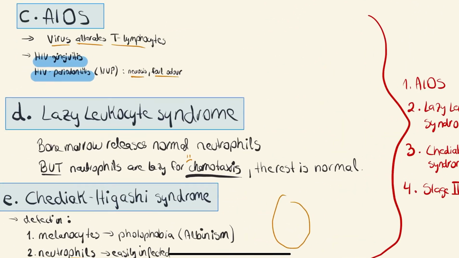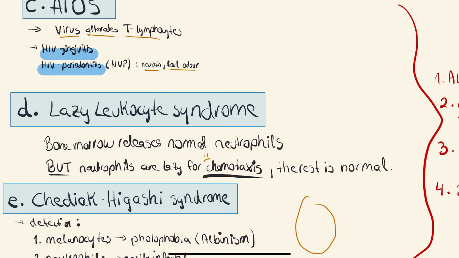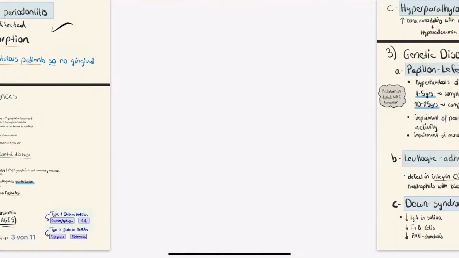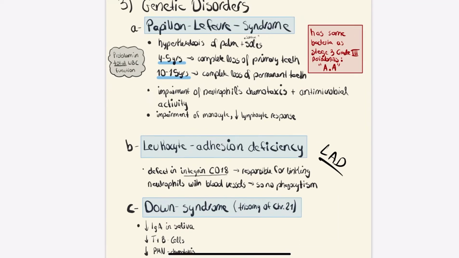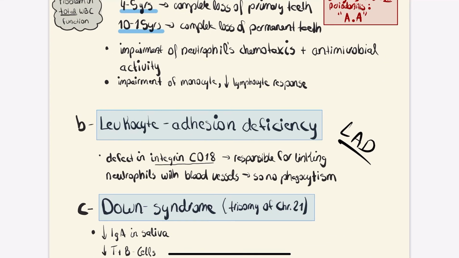The lazy leukocyte syndrome is lazy to do its function, chemotaxis, but the rest of its function is normal. In leukocyte adhesion deficiency, the function of the neutrophil is normal, everything is normal, but we have a defect in the integrin CD18. So we have a linking problem here. In the other one, there is a defect in the function. Here, we have a defect in the linking.